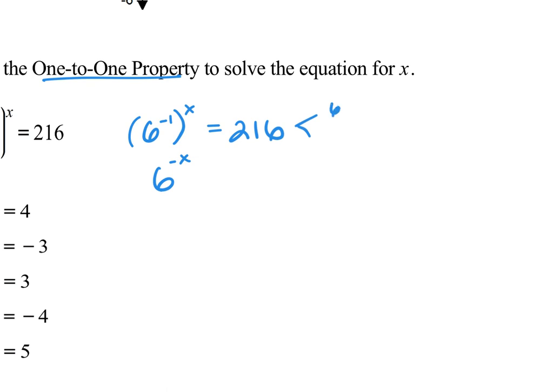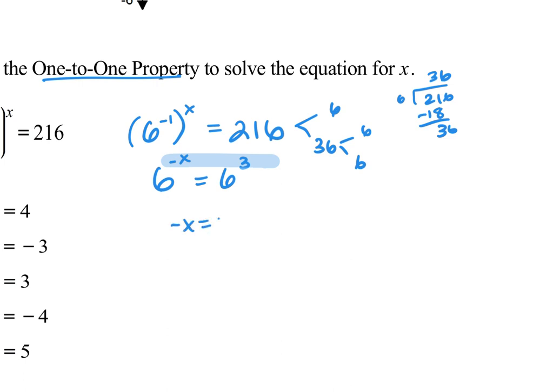So 6 goes in there. 216 divided by 6 would be 36 times, and then 36 breaks down into two sixes. So that tells you that 216 is 6 to the third. And then you'd say your exponents are equal to each other, and negative x equals 3, so x equals negative 3.